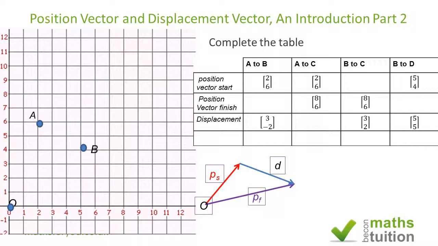Right, now I've got a little triangle here that ties in displacement and position vector at the start and the position vector of the aircraft at the finish.